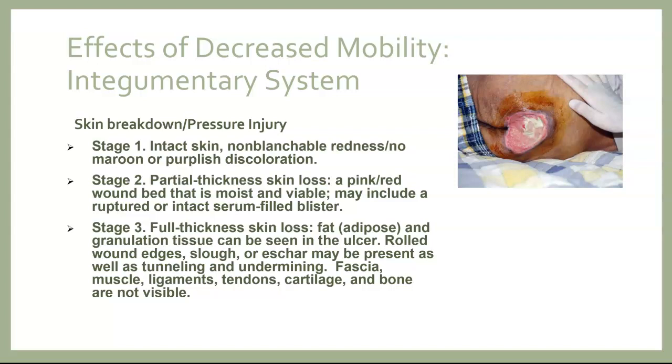A lot of times it'll have rolled wound edges, and there'll be slough or eschar, which is dead tissue, may be present as well. There also can be tunneling and undermining. Fascia, muscles, ligaments, tendons, cartilage, and bone are not visible, though, in stage 3.